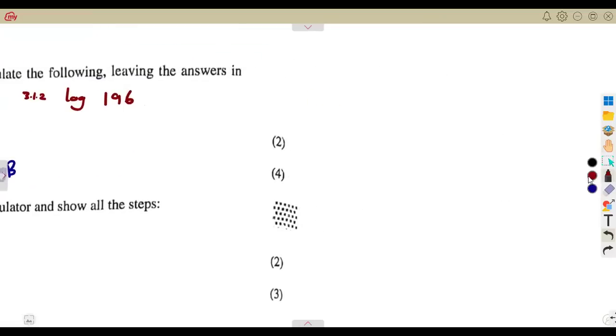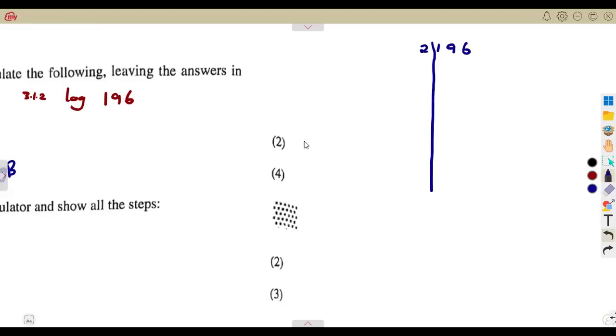Check the number that you are given, express it as a product of its prime factors so that you can properly see the numbers which are in this 196. So let's start with the 2. If we divide 196 by 2, you can also use your calculator if you are someone who is not into these divisions.